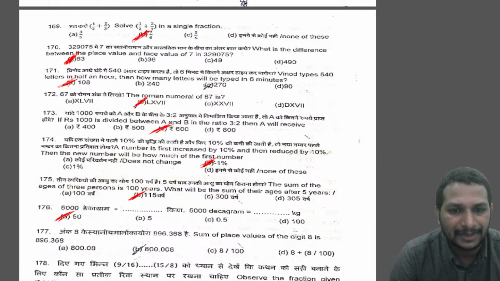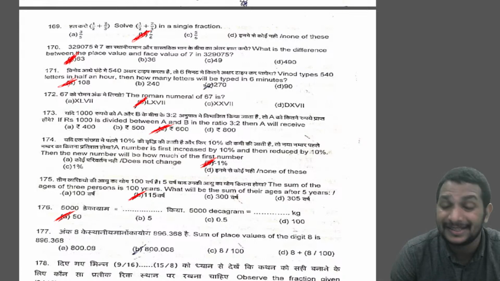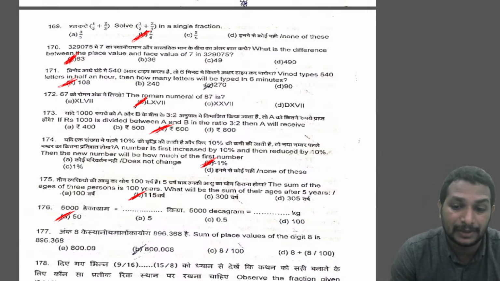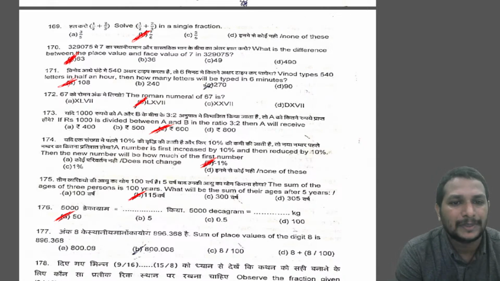Now coming to question number 177. Sum of place values of digits 896.368. As they give a decimal number, whenever you want to find a place value of a decimal number, let's see that question clearly now. Place value of 8, again 3 digits are there, right? Over here they gave the number as 896.368.